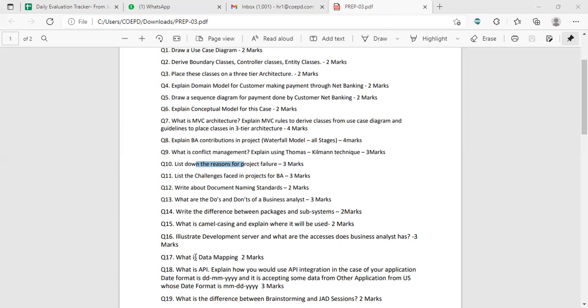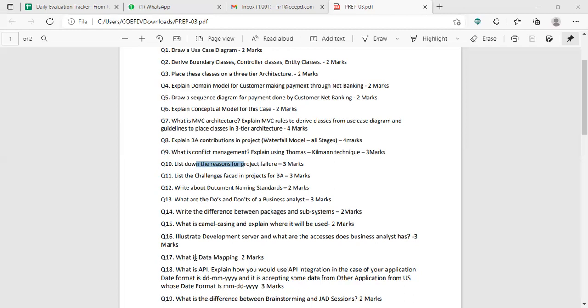So that unique way of writing is called camel casing. I'm sure you all would know. And where is it used? We have a diagram that is mentioned in the workbook. So please use a scenario and use an example if required. And then please explain what is camel casing and how and where it is used. One hint I would like to give is it is used actually in a sequence diagram. So you can also explain that in a very good manner.